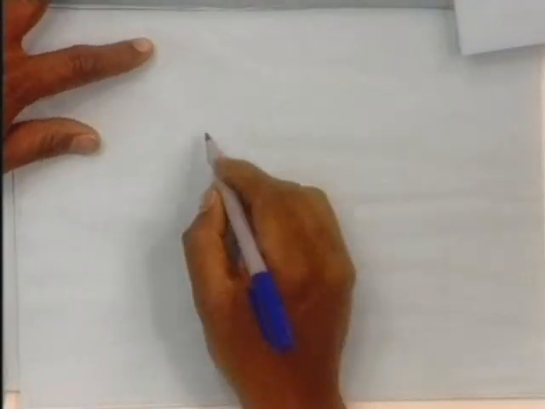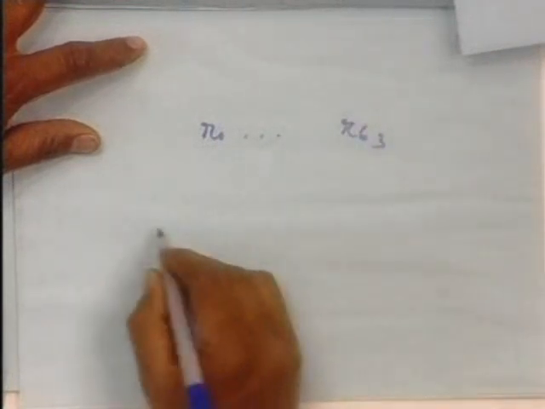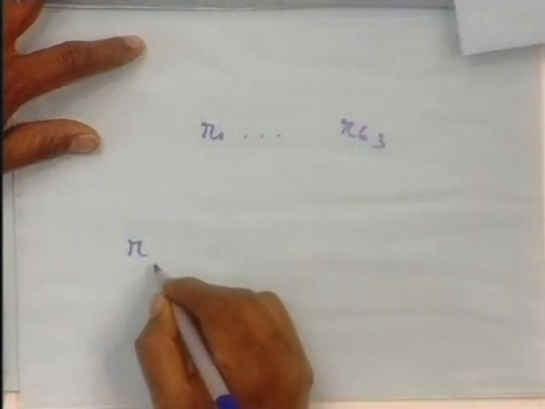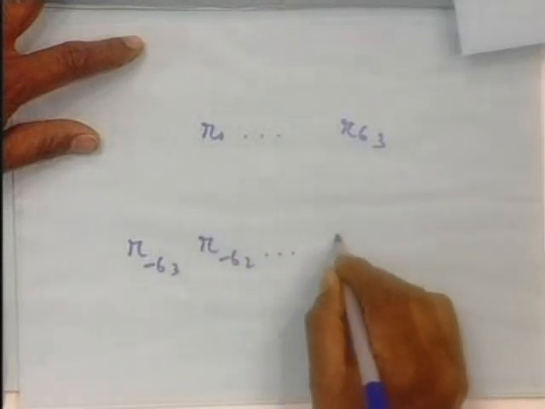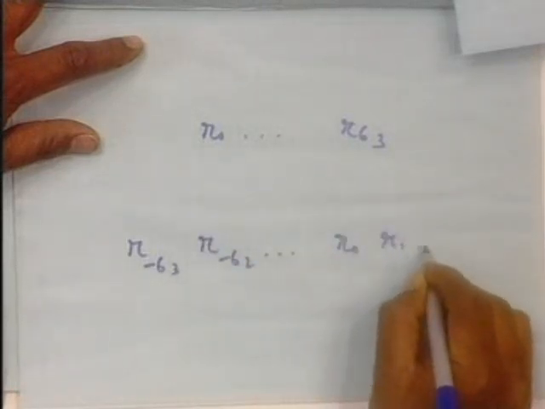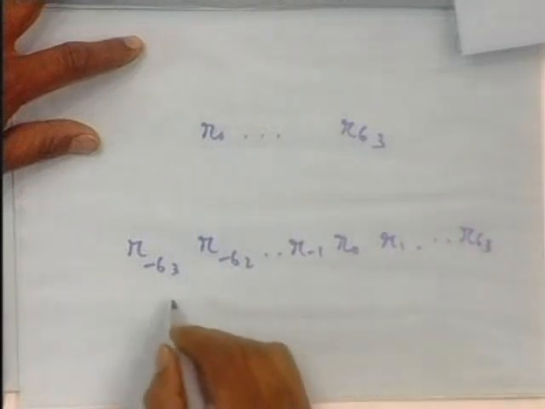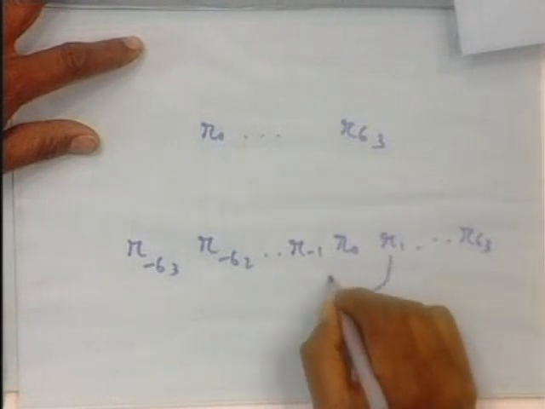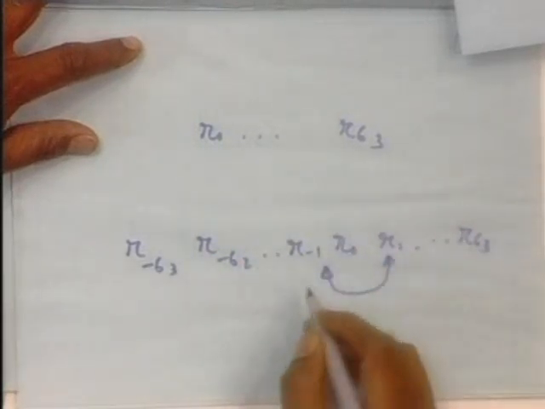Here you have seen that it was R0 up to R63. Generally, what you do is you make a mirror image, and go to R63. So R1 and R minus 1 will be same, because delay by 1 or minus 1 they will be same, is it not?